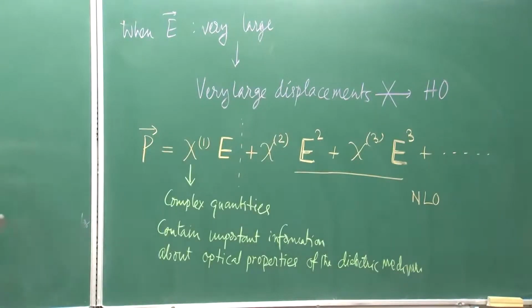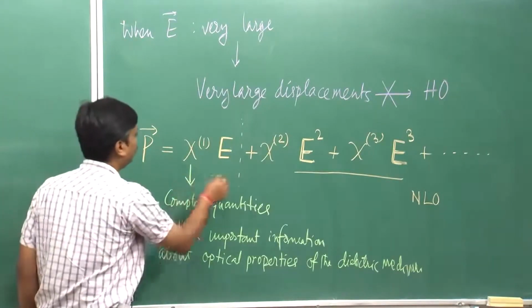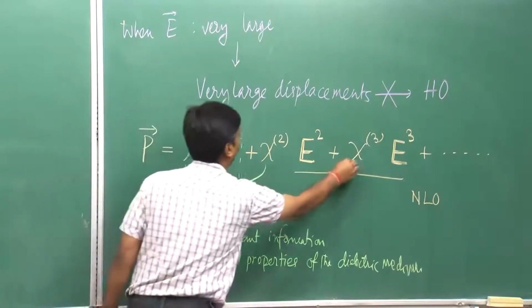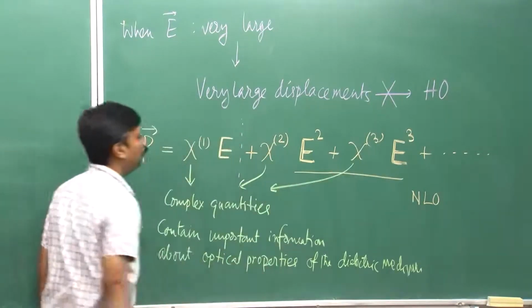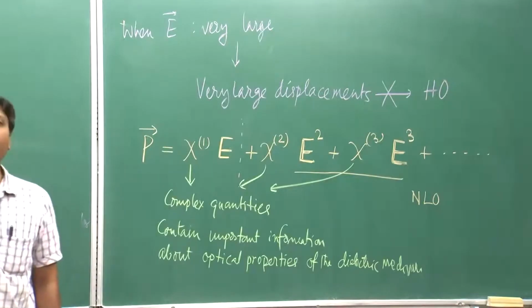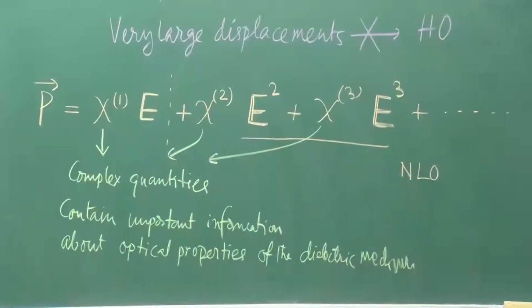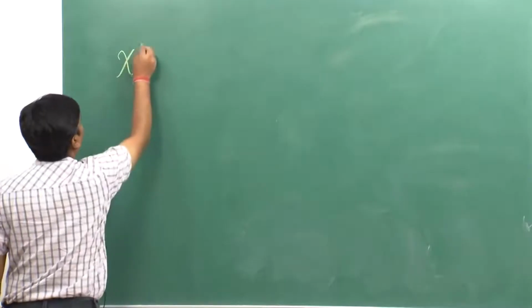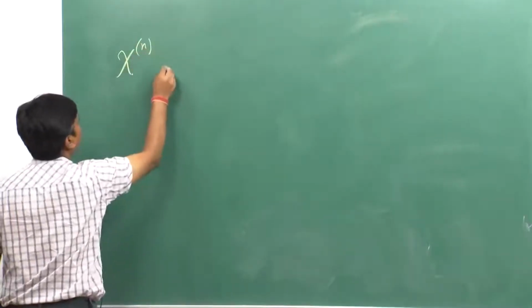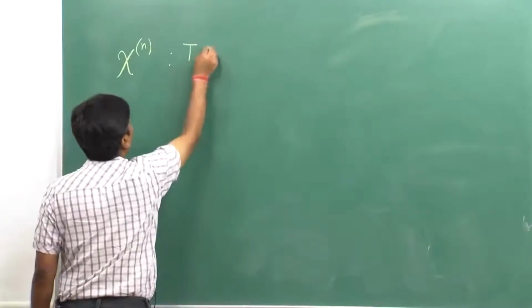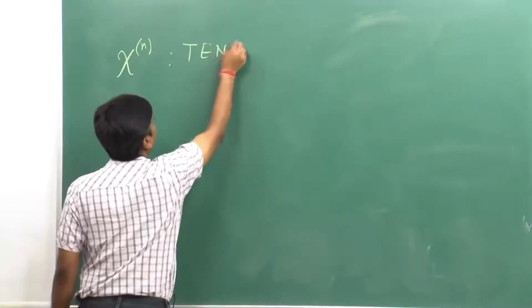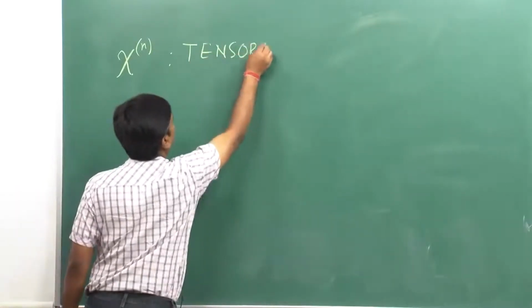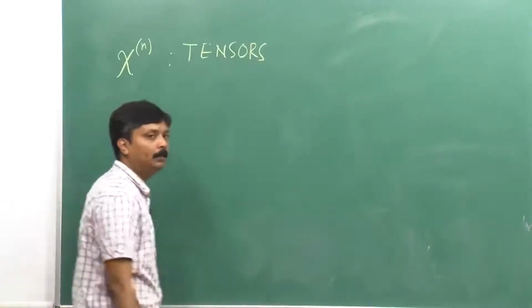One more important aspect of this chi is that they are tensors. Why am I calling them a tensor?